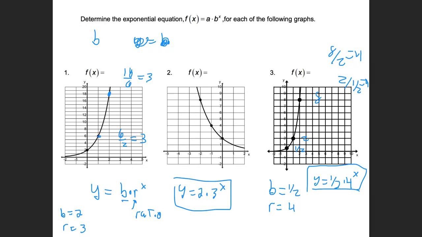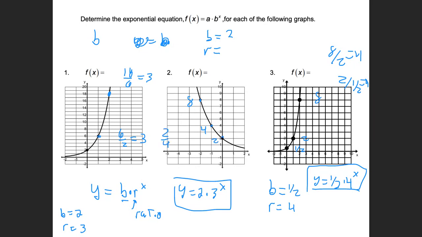So now, again, my b value, I always go to that. So my b value is, okay, what's my b value? 2. Now my r value, again, you still have to take these values here, but this time we go the opposite direction.